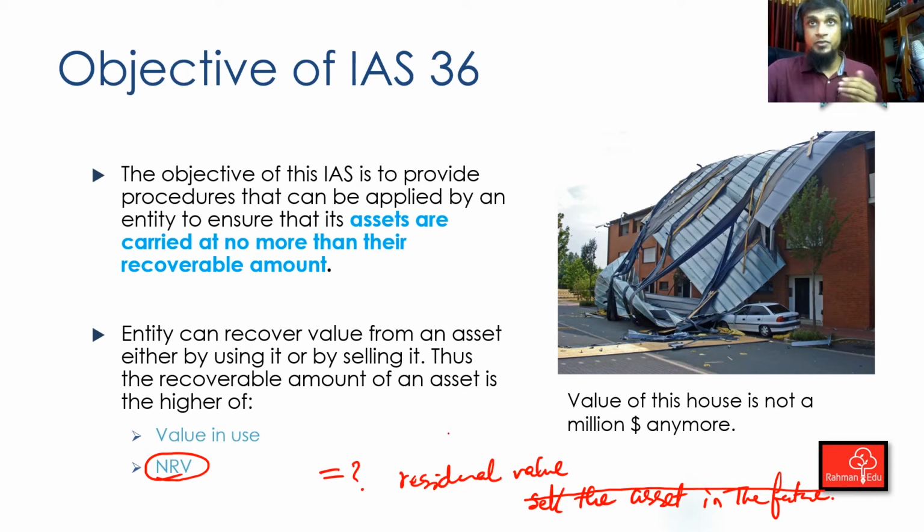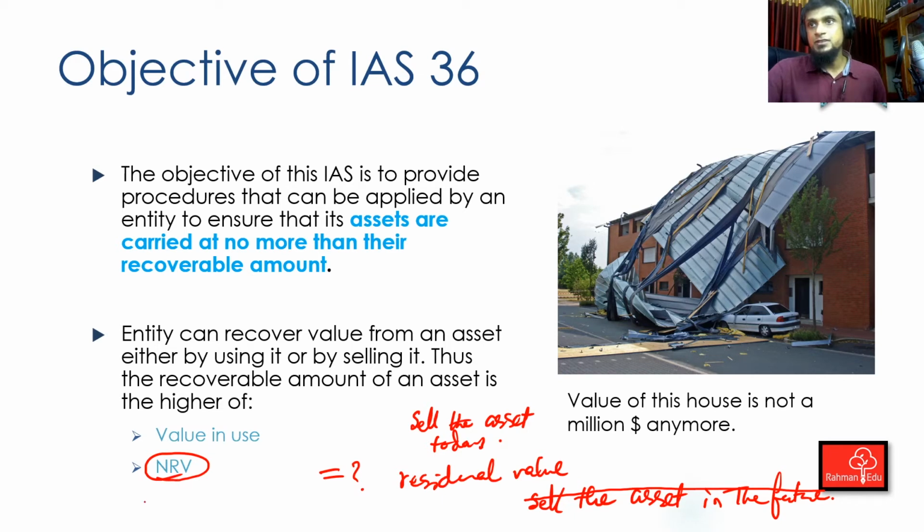Is the measurement of NRV today. So sell the asset today. Today means on the measurement date, not exactly today, like right now. And this NRV is also same measurement, sell the asset right now on the measurement date.